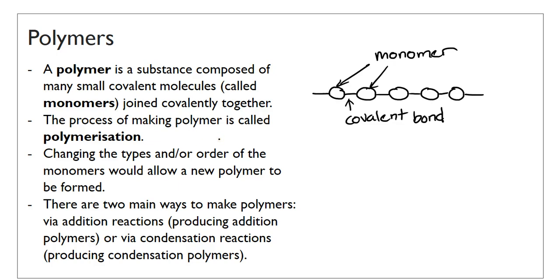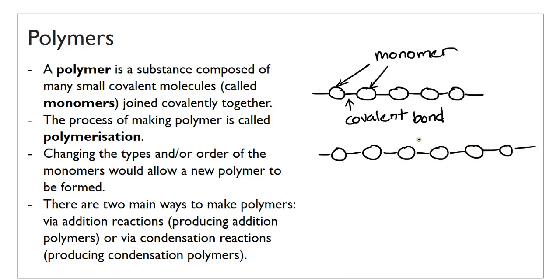And I do want to point out one major difference between a polymer and any other covalent molecule. And that has to do with the third thing here, that when you change the type or the order of the monomers, that would allow a new polymer to be formed. So if I draw the same thing again, let's say I only have 4 things or maybe 6 things.